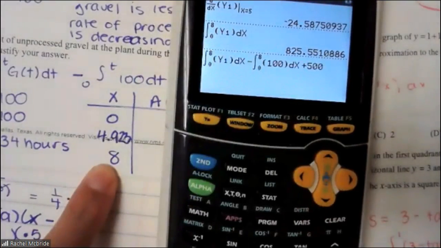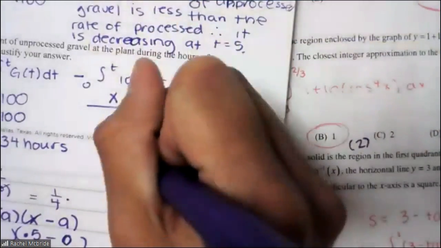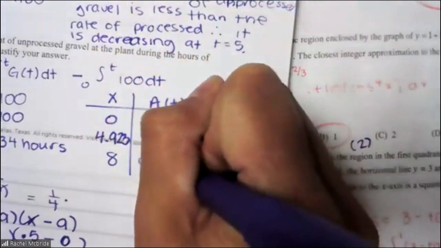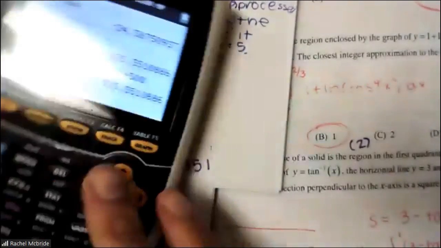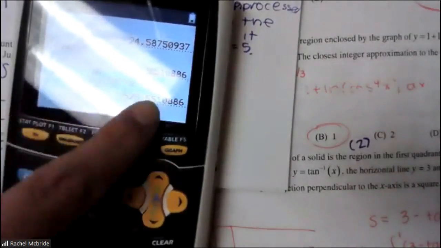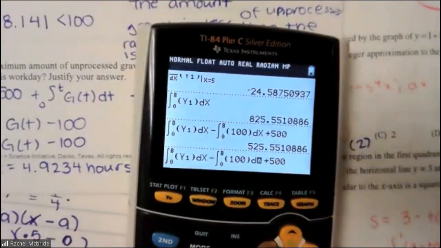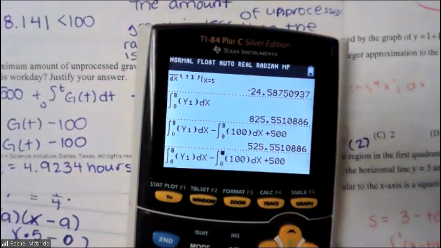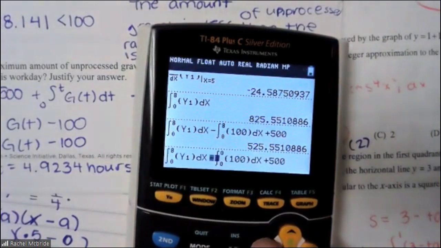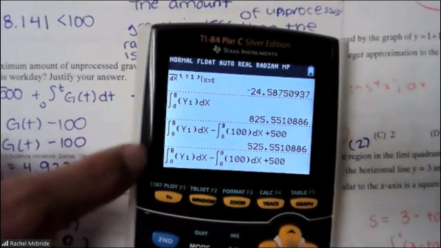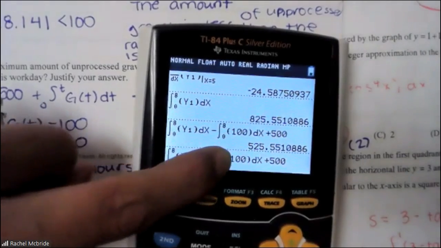So this is giving me at time 8, 525.551. Go back up, arrow, hit enter, and change all of those 8s to 0, which would be easy because 0 to 0 is 0.